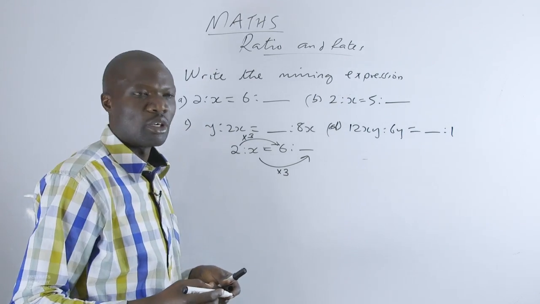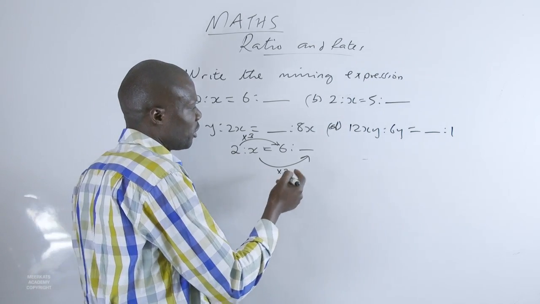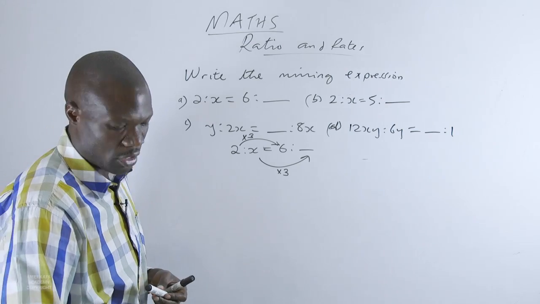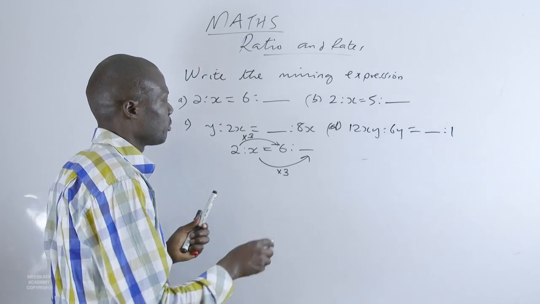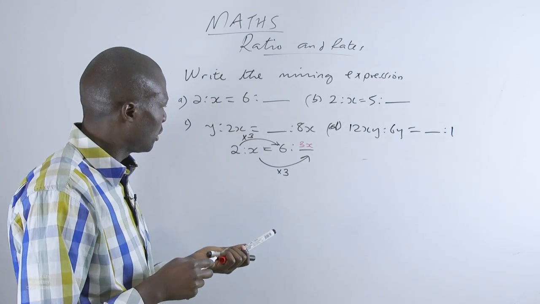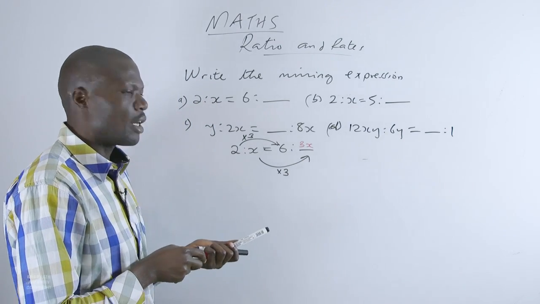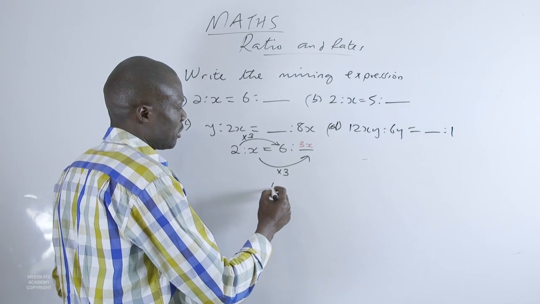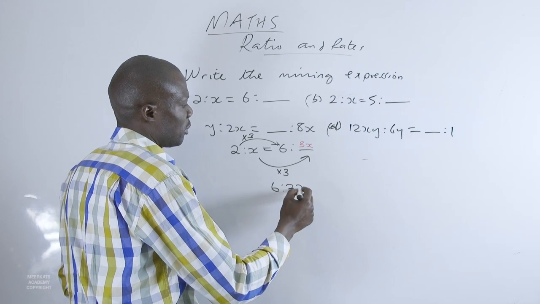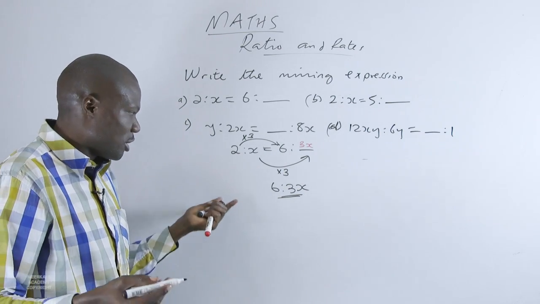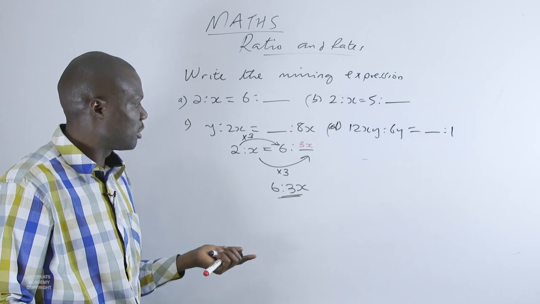So x times 3, the answer we get is 3x, right? Then our ratio, which is equivalent, will be 6 to 3x. So the missing expression is 3x.